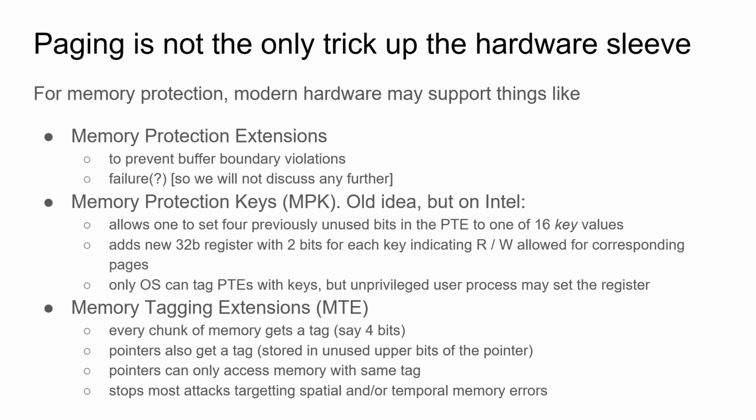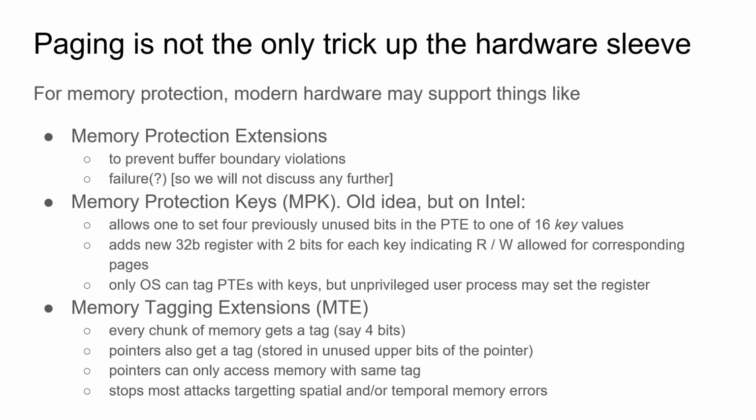Maybe you want to give that access only to cryptographic code that actually needs to access it, and make it inaccessible to all the other code in the system. So you change the register whenever you jump into the cryptographic code, and you change it back when you come back. Okay, that gives you a form of isolation within your process.